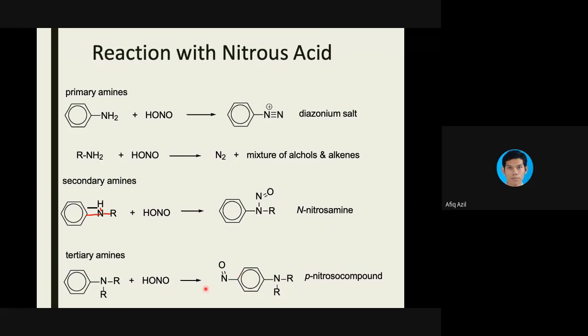So it will be this kind of product. Okay, so reaction of nitrous acid will give you different products depending on the types of amine that you use as the starting material. So primary, secondary, tertiary aromatic amines will give you different kinds of products.